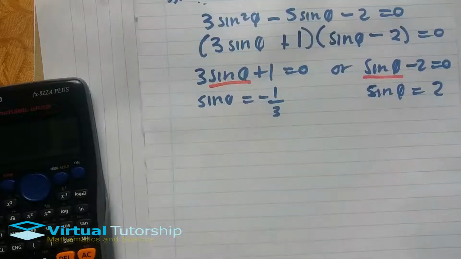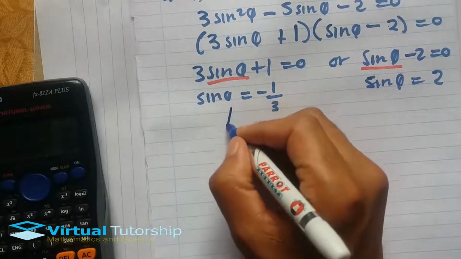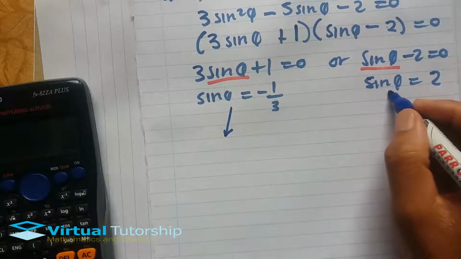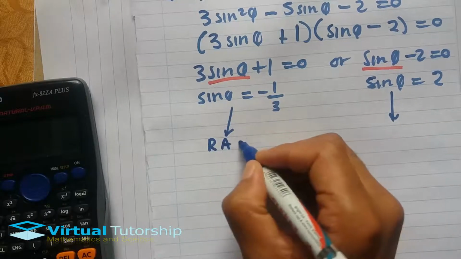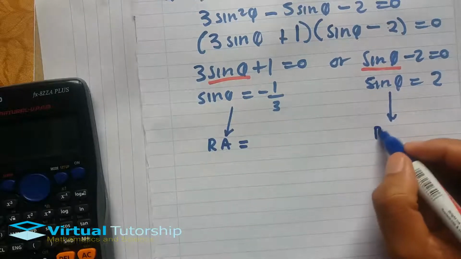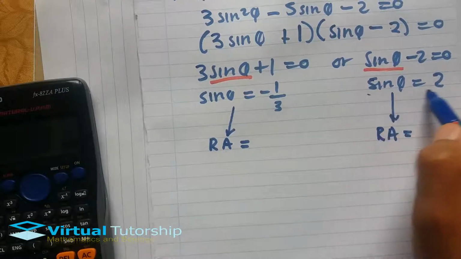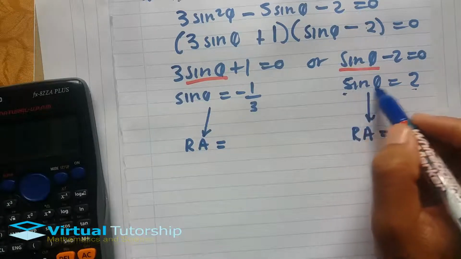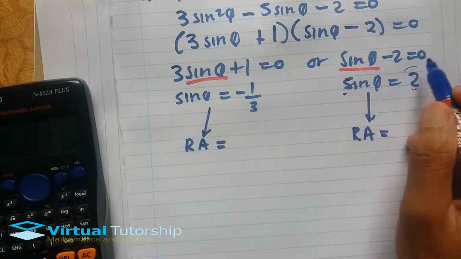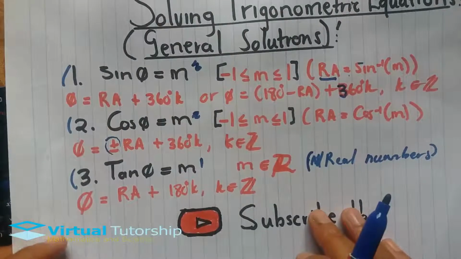So when I go down with this one, I must find the reference angle for both of these solutions. Reference angle. But check something here. What's happening? Sine theta is equal to 2. Let's go back to the slide at the beginning.